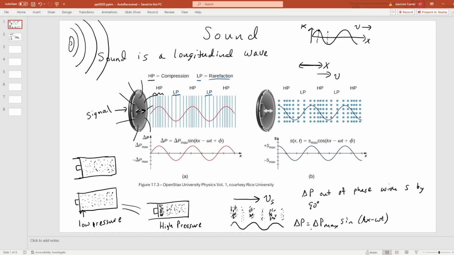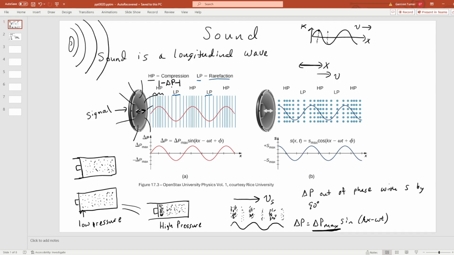We will talk about this maximum pressure term in just a moment. Your maximum pressure change isn't the maximum pressure. This is the maximum pressure differential between your high pressure and lower pressure regions.